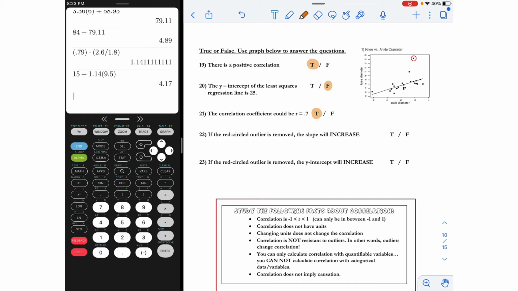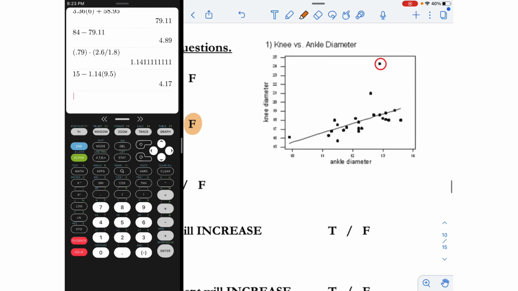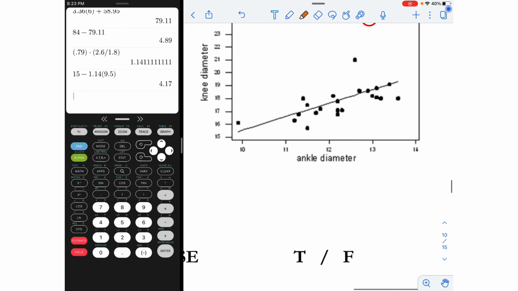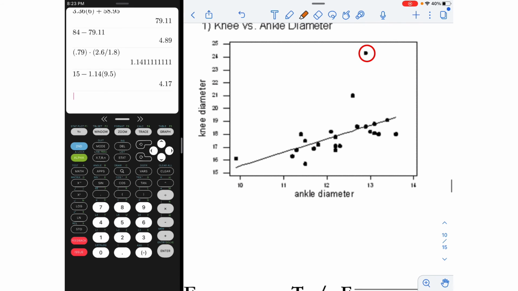If the red circled outlier is removed, the slope will increase. Let's take a look at this. So if this is removed, I actually think the slope would decrease. I think the line of best fit would kind of remain the same.